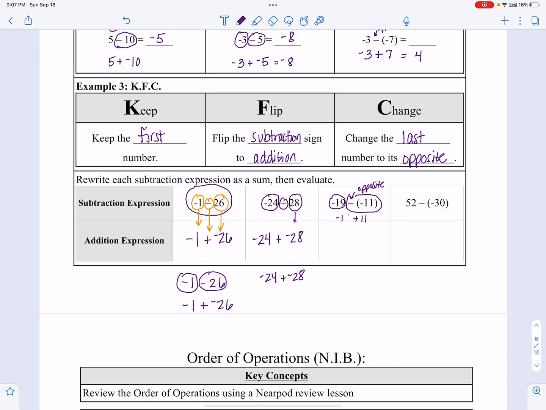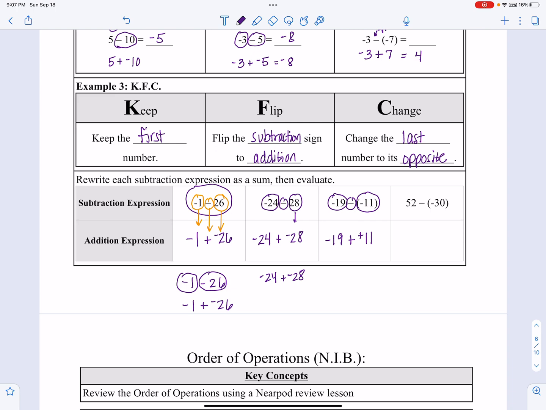And then you can see I already have my addition expression. But let's look at that with keep, flip, change, our KFC trick as well. KFC says keep the first number, flip the subtraction to addition, and change the last number to its opposite, and that's technically positive 11. So you can see it creates the same thing. The other method just simplifies it a little bit more, but whatever you're comfortable with.